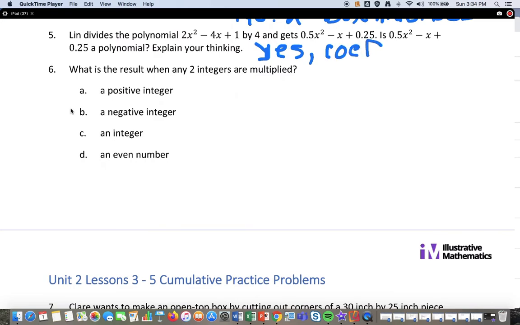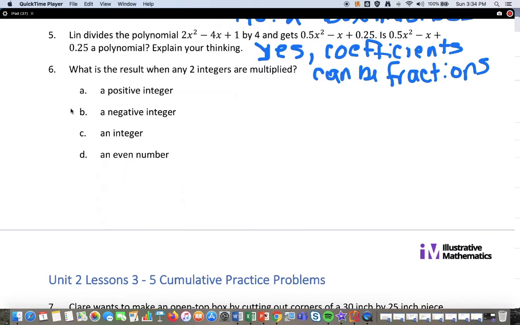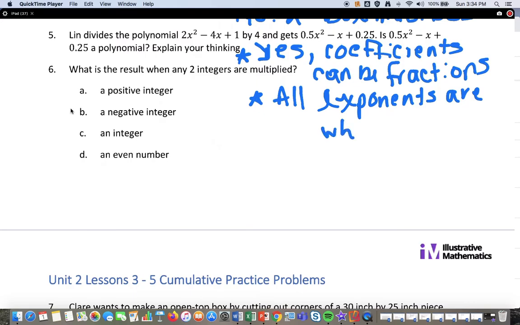Coefficients can be fractions. And then we know that all the exponents are whole numbers. So this is a polynomial.